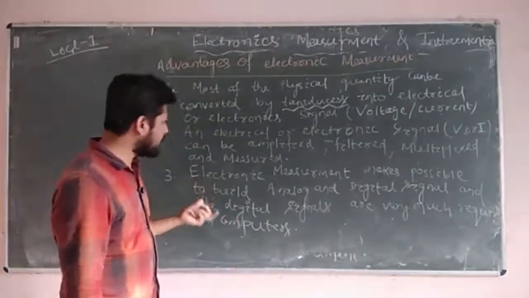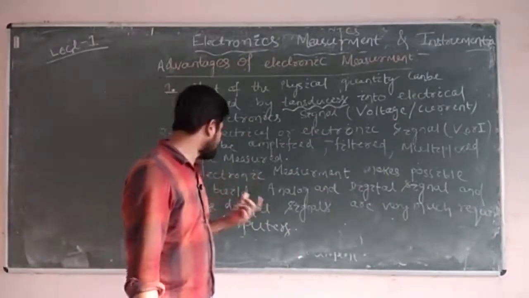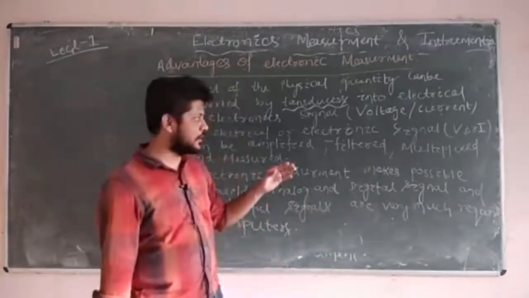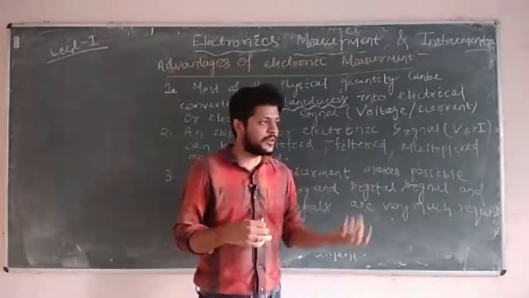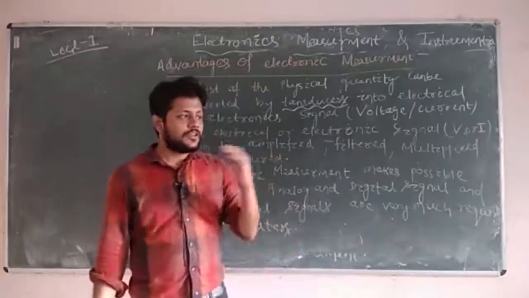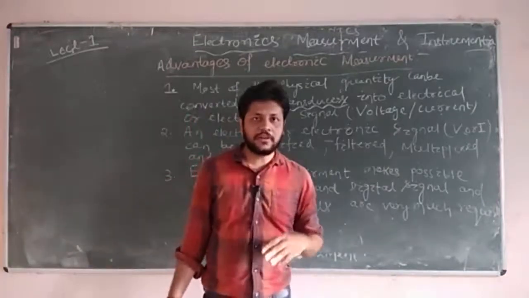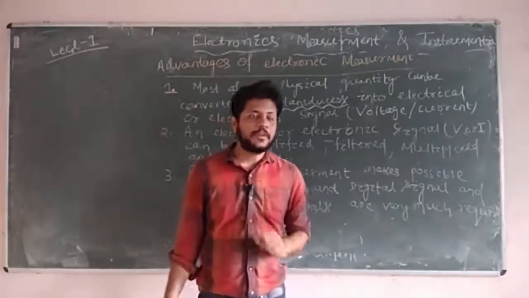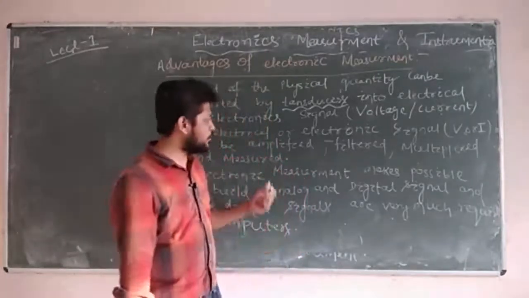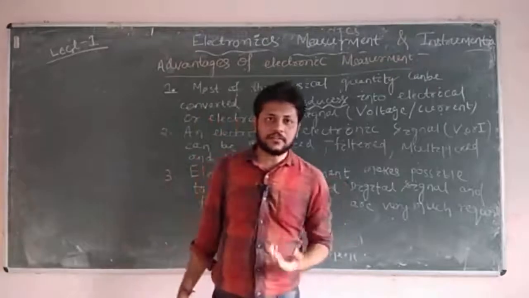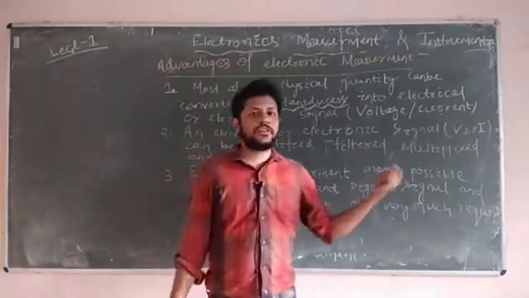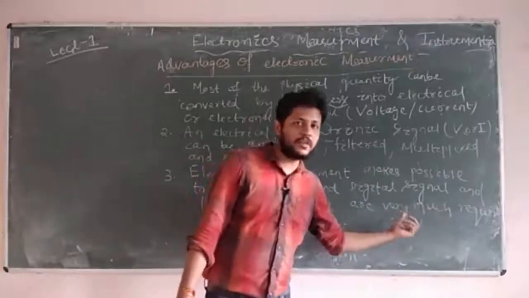The second advantage is that electronics measurement makes possible analog and digital signals. We have studied that in real time the signals are analog in nature, similar to nature, that is continuous in amplitude as well as in time. But we are able to convert these electrical or electronic signals from analog to digital. Why are we converting analog to digital?